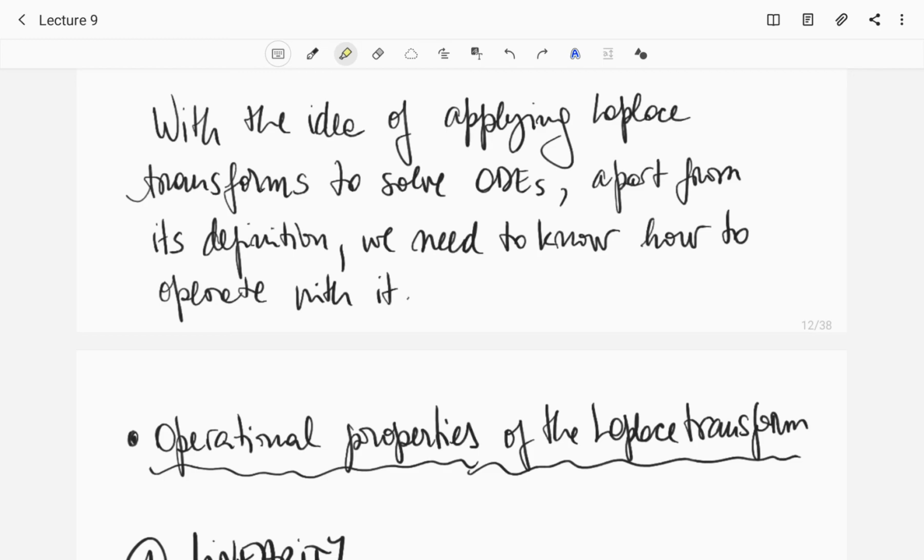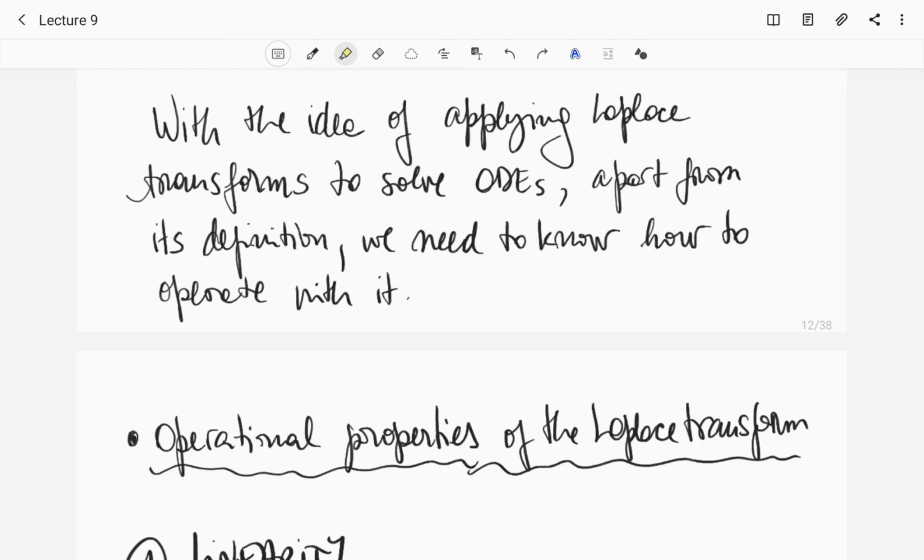So at some point we will also need to anti-transform, to undo the transform. And that's why we saw before, a couple of lectures ago, maybe last lecture, I don't remember very well, how to invert, the definition of the inverse Fourier transform. So today also in the last part, we are going to see how to undo the Laplace transform.